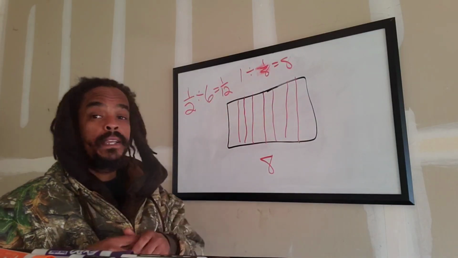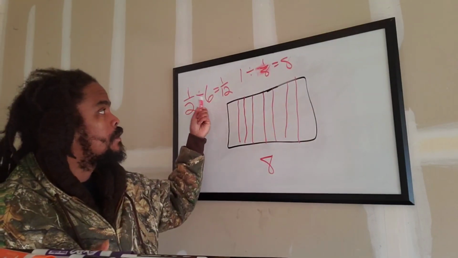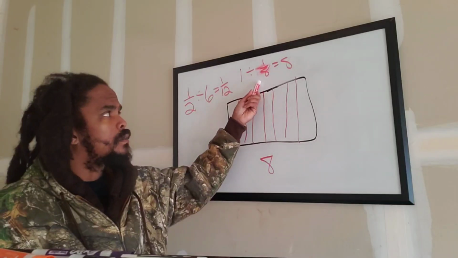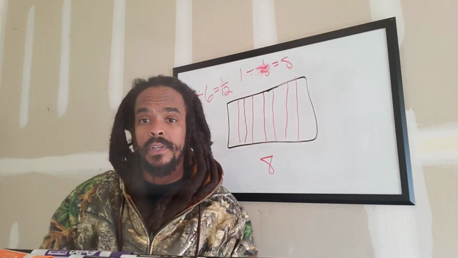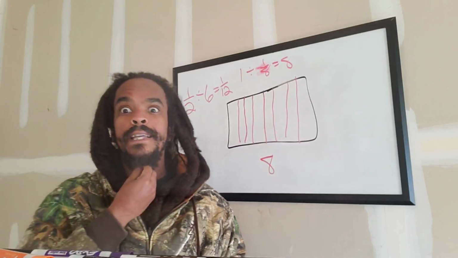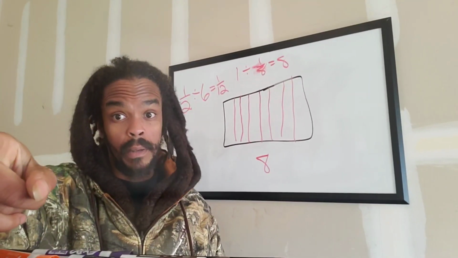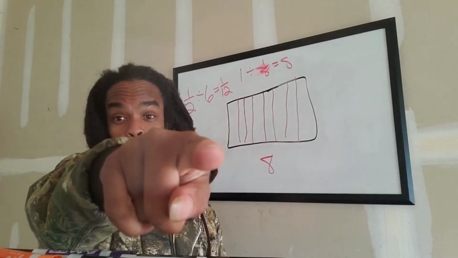Ask yourself, why is it that when we're dividing a fraction by a whole number, we're getting a fraction? And then when we divide a whole number by a fraction, it's giving us a whole number. So I want you guys to keep asking yourself that and try and figure that out. Why is that going on? Think about that because I'm going to ask you in class.